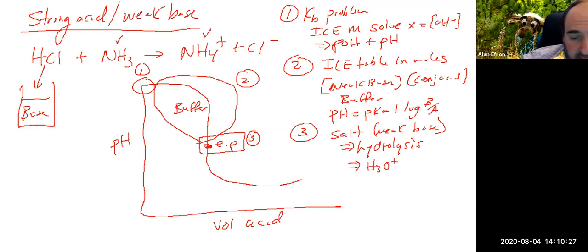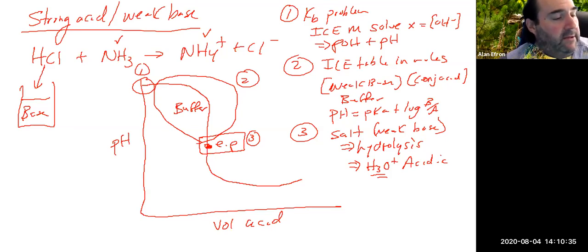So we would expect at the equivalence point here for it to be acidic, which in terms of our indicator means we would want to choose an indicator that changes color in the acidic range, as that would be most helpful to us.